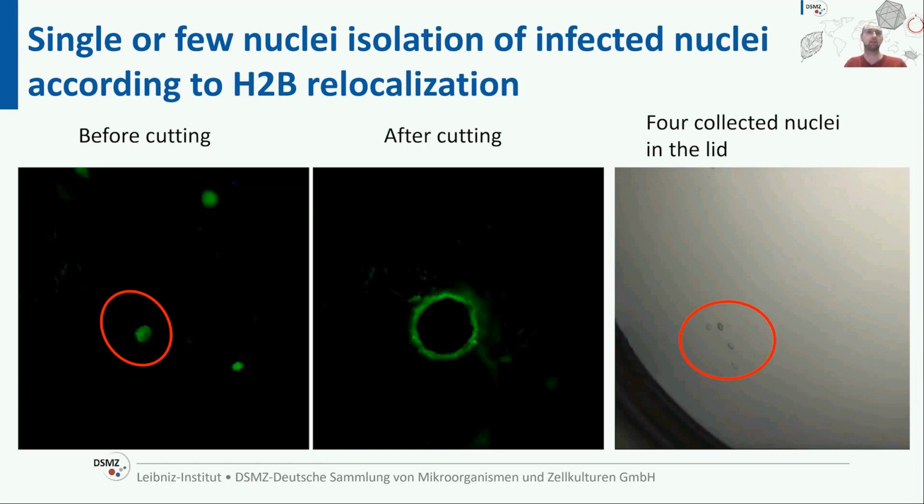We can then specifically mark them, cut them out, and collect them, and perform the same analysis that we were using with the ABMV GFP, but for this case, for the wild-type viruses.